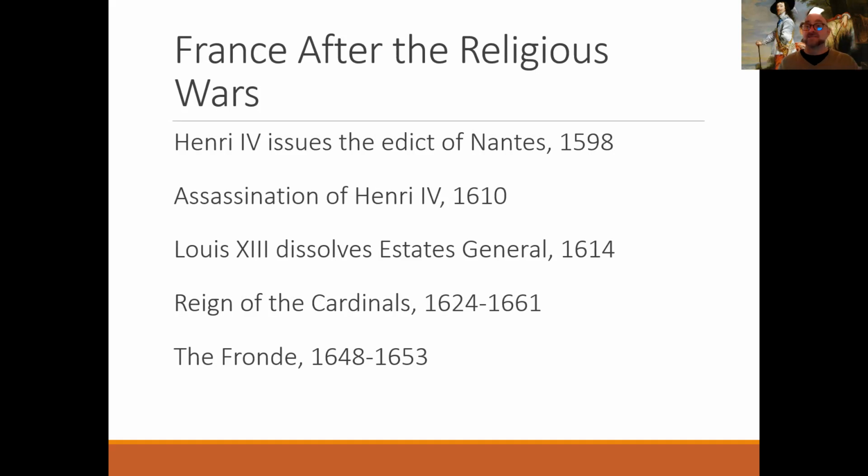Estates are like castes. And the three estates in medieval thinking, which last up until the revolution in France, are the nobility, the clergy, and then everybody else, the peasantry. And so you will have elections for the peasantry, but they're not supposed to represent territory or constituents. They're supposed to represent those orders.